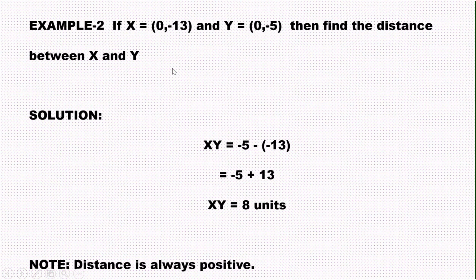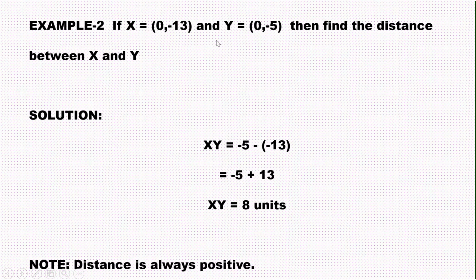Now if X is equal to (0, -13) and Y is equal to (0, -5), then find the distance between X and Y. Here again the x-coordinate is 0, whereas the ordinate, the y-coordinate, is -13. Again the abscissa is 0 and the y-coordinate or ordinate is -5.